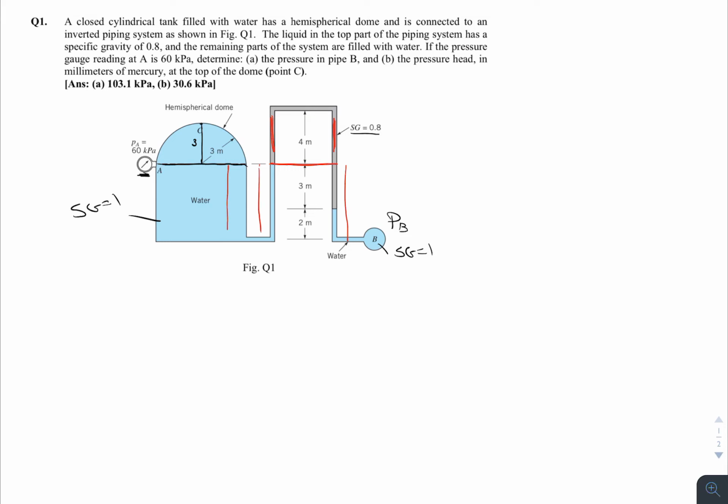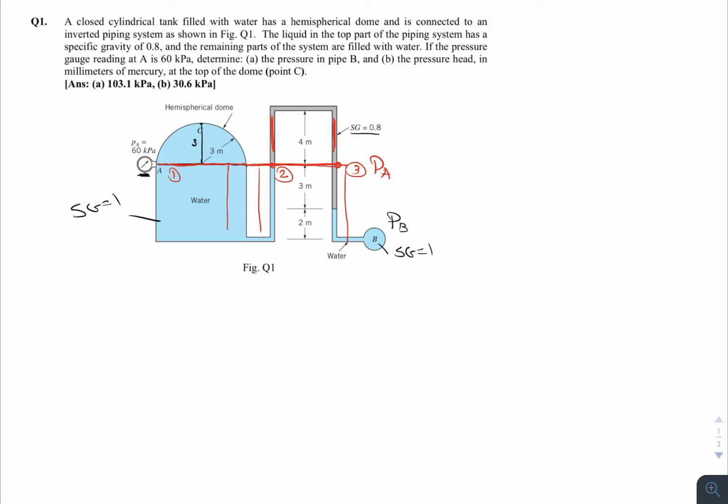Okay. So this means we can draw a line the whole way across the system, like so, which means that the pressure here at point 1, the pressure here at point 2, and the pressure here at point 3 are all the same. So this here is PA, right across this line here.